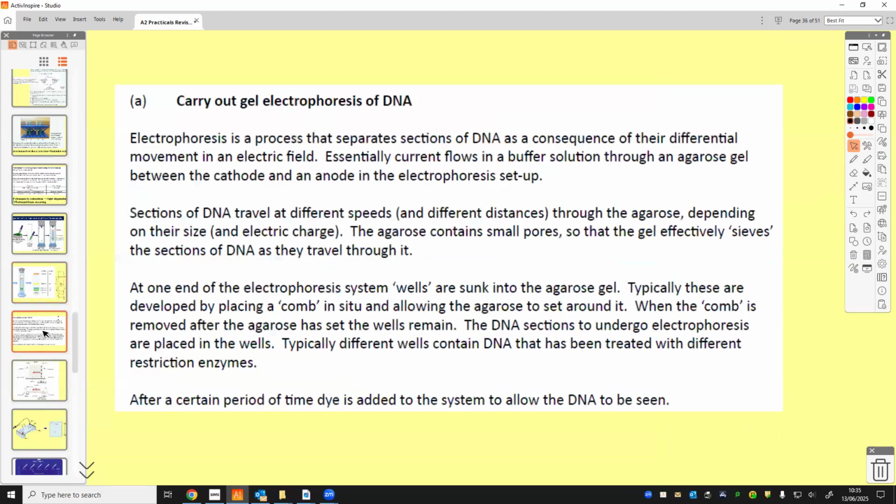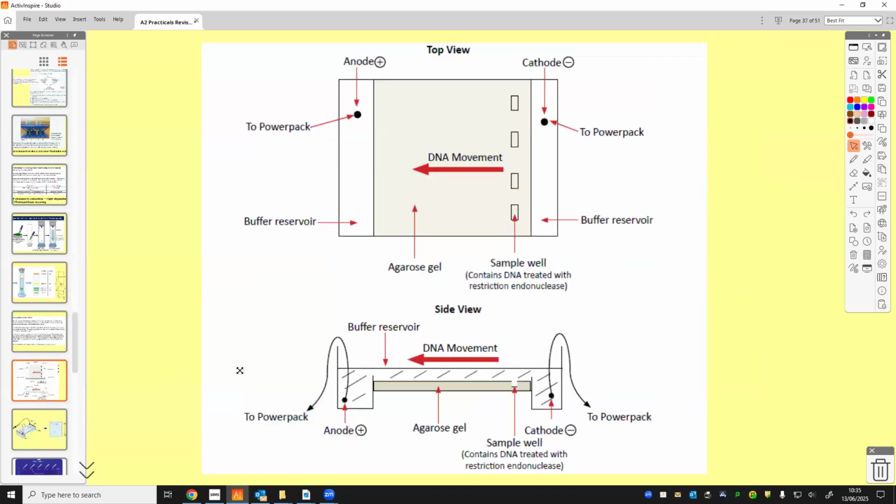Okay, then with gene technology, you've got gel electrophoresis. I'll leave that up there for a second, and you can have a look at that. I'll pause that. Essentially, here you take a sample of DNA, you split it up using restriction enzymes, which split it up into different lengths. Okay, you place some of that DNA into a little well in this gel substance. You pass an electric current across it.